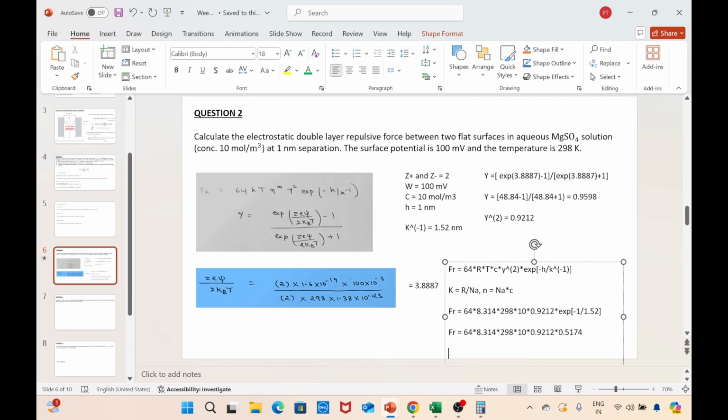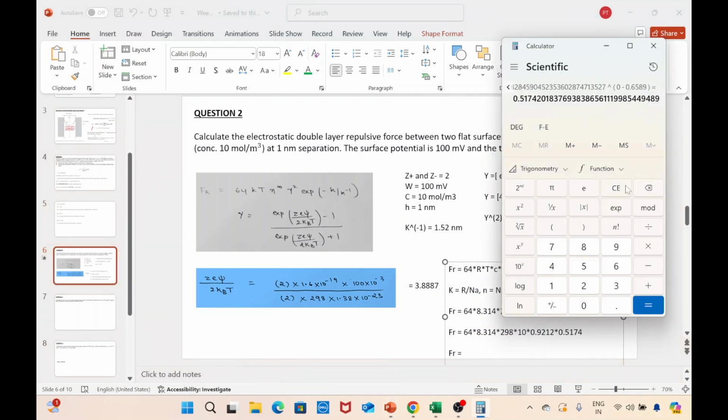So what will be the value of FR? It's nothing but 64 times 8.314 times 298 times 10 times 0.9212 times 0.5174.